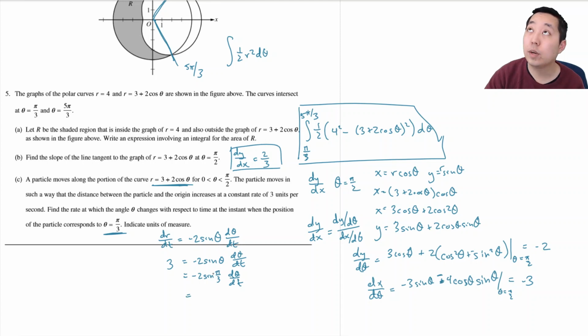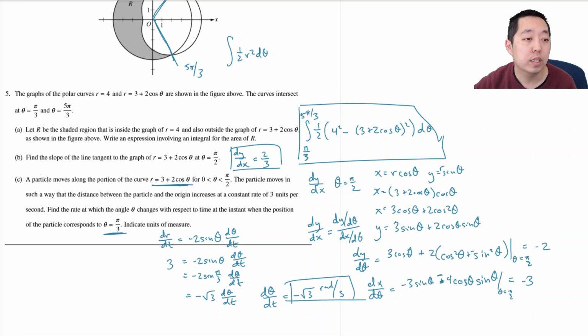Sine of pi over 3 is root 3 over 2, so this is negative root 3. So d theta dt is equal to 3 divided by negative root 3, which is negative root 3, and that's radians per second.